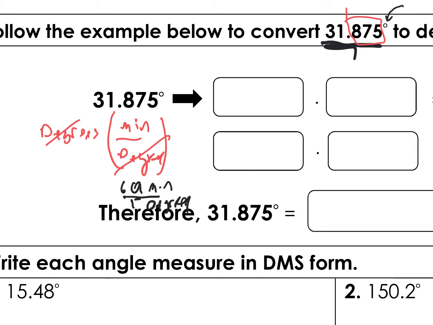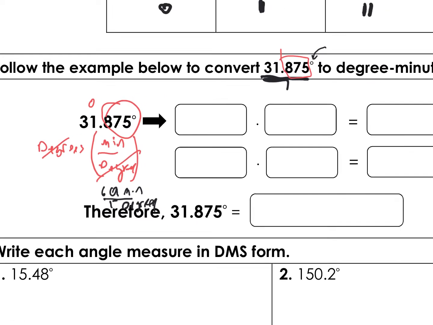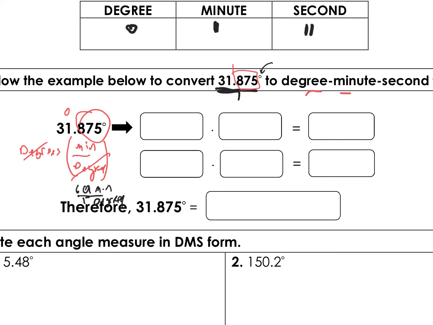Now that fraction of 1, I'm only going to multiply by the decimal part because I already know this is 31 degrees. So if I'm converting to degrees, minutes, and seconds, why mess with the degrees? I already have 31 degrees.